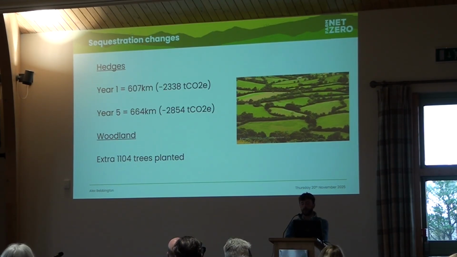That's capturing an extra 500-ish tonnes of carbon. And we've got an extra 1,104 trees. A lot of that is thanks to forest reform. They don't show up in the calculator very well because they're little baby saplings, but it's a good thing that people are recognising the benefits of trees on farms, and they're putting them in now so that in the future they will be capturing carbon.